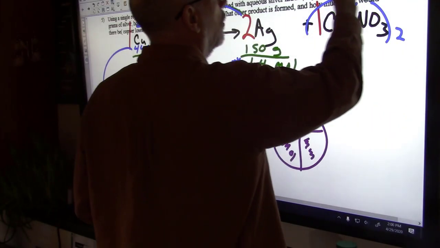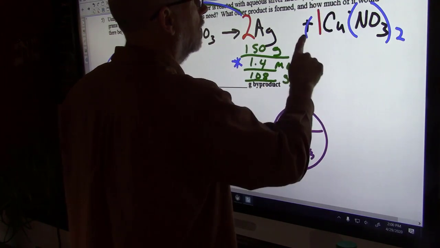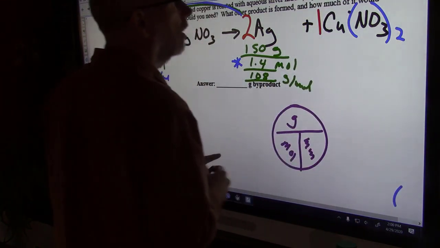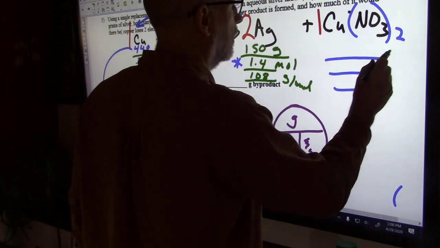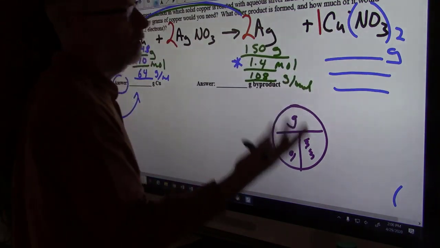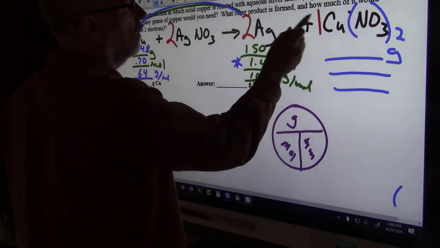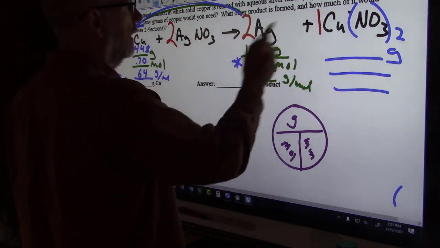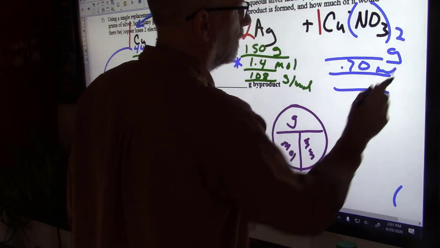So we have to do this whole problem again. So that means we need this, and this, and this, and we need to figure out the grams of copper 2 nitrate. Copper gets a +2, it's in the middle, call it copper 2. NO3 is nitrate. Well, we have a 2 mole to 1 mole ratio. 2 is to 1 as 1.4 is to 0.70 moles again.